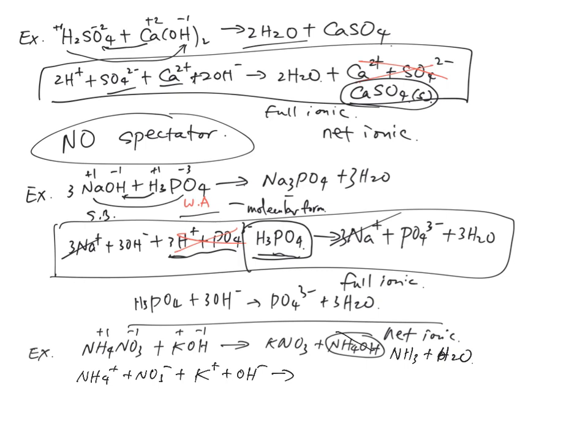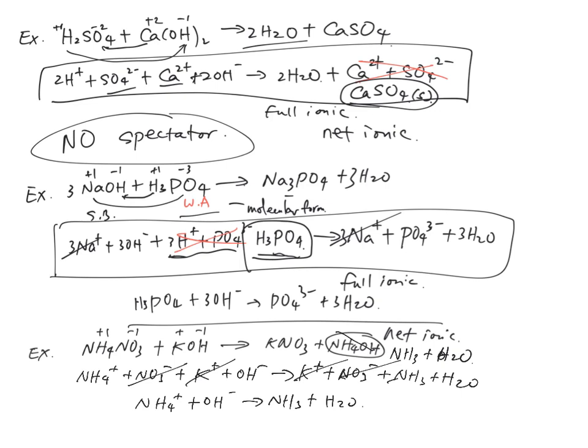Soluble salt with potassium nitrate. Why? Because potassium and nitrate are both soluble ions. Potassium and nitrate plus ammonia and water. Nitrate cancels, potassium cancels. So NH4+ reacts with hydroxide to produce ammonia and water.